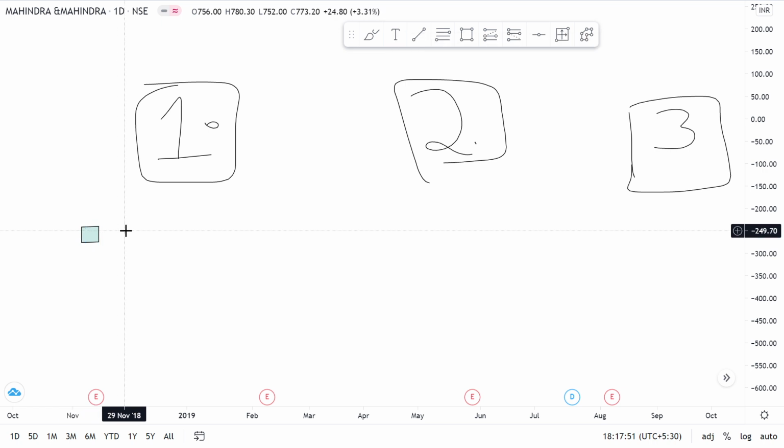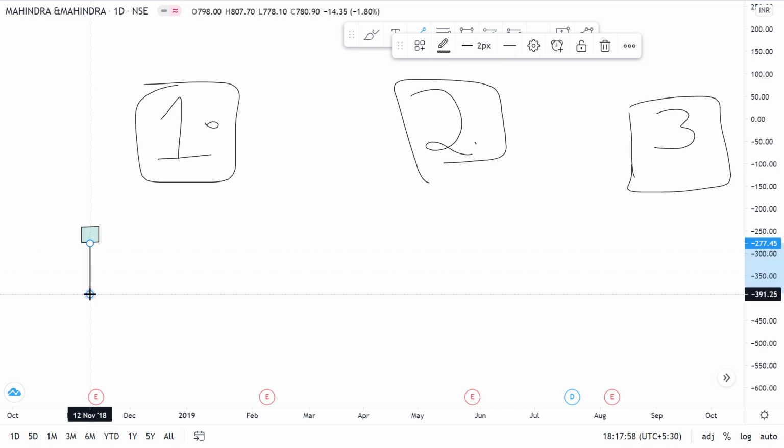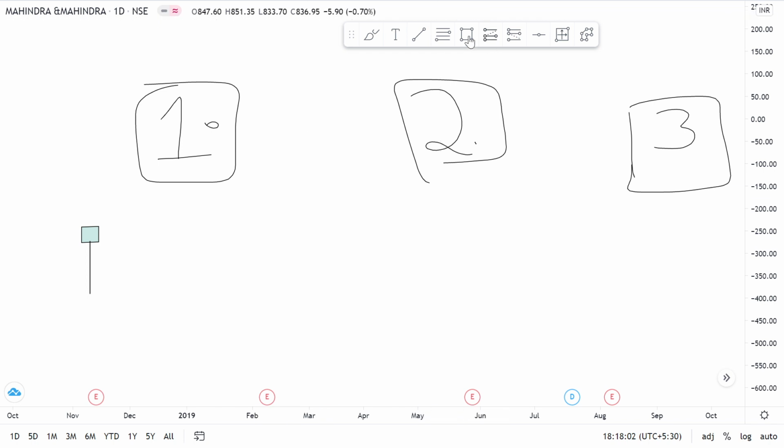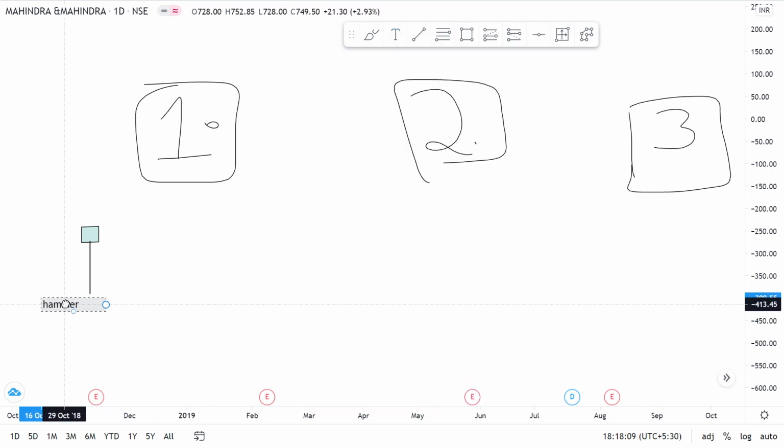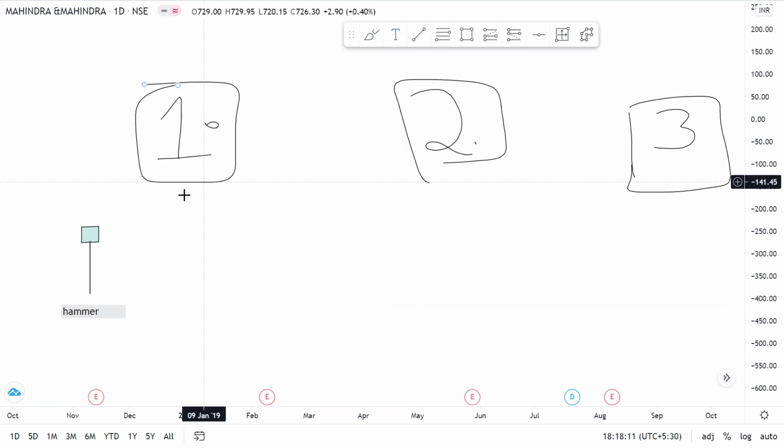A hammer can either be red or green. There is no specification on the color, but it is better if it's green. This is what a hammer looks like, and this is called a hammer. And we also have something called a shooting star.